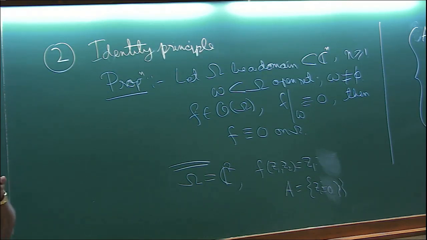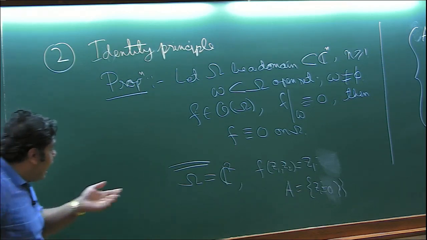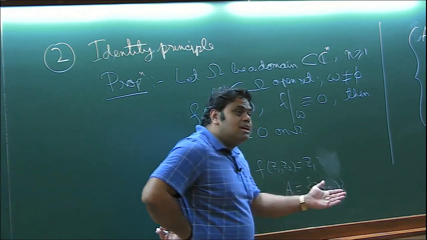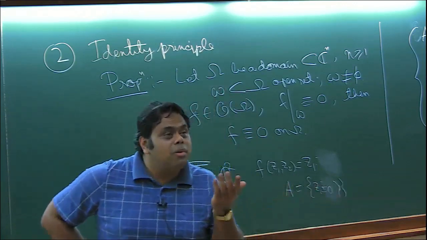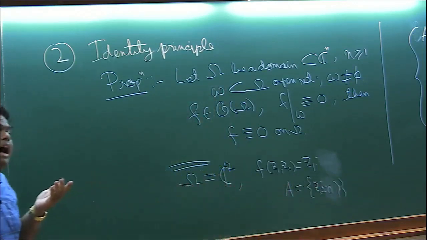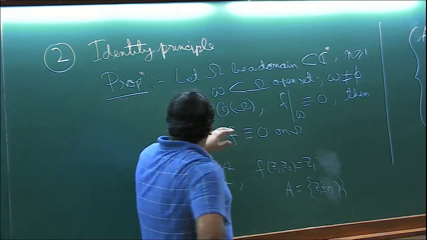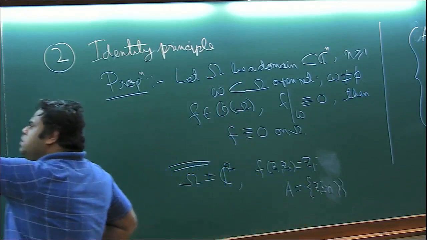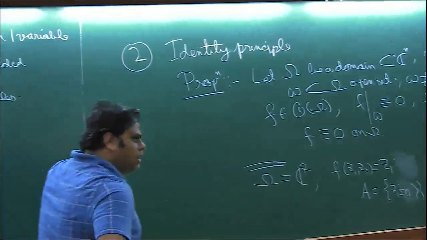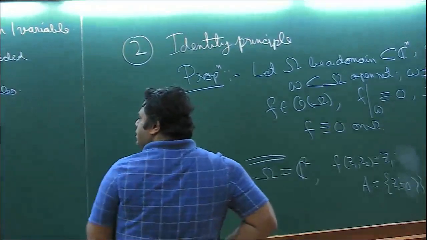So if you have a function which vanishes on a set which has an interior limit point, it has to be identically 0. However, as this example already shows, the zero sets of holomorphic functions of several variables are pretty large. So in this type 2 case, you want to be careful and not make mistakes.